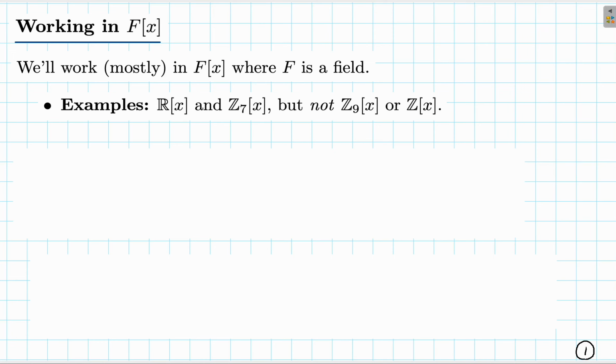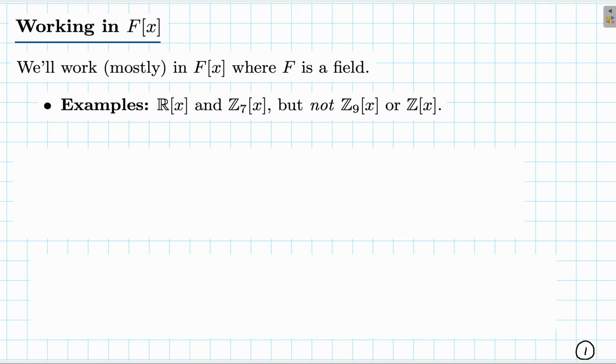From now on, we will work mostly in the polynomial ring F[x], where the coefficient ring F is a field. So for example, we would work in R[x], where R is the field of real numbers, and say Z7[x], 7 being prime, but not in Z9[x], or not even Z[x].